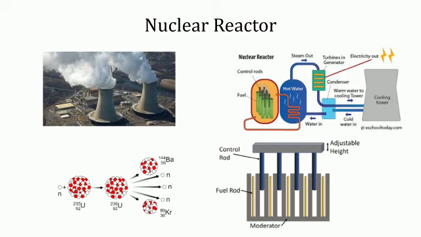Uranium-235 is bombarded or attacked with slow-speed neutrons. The nucleus of isotope uranium-235 undergoes nuclear fission. Fission means splitting or division to form nuclei of two different elements, krypton-92 and barium-141, and 2 or 3 neutrons are also released.